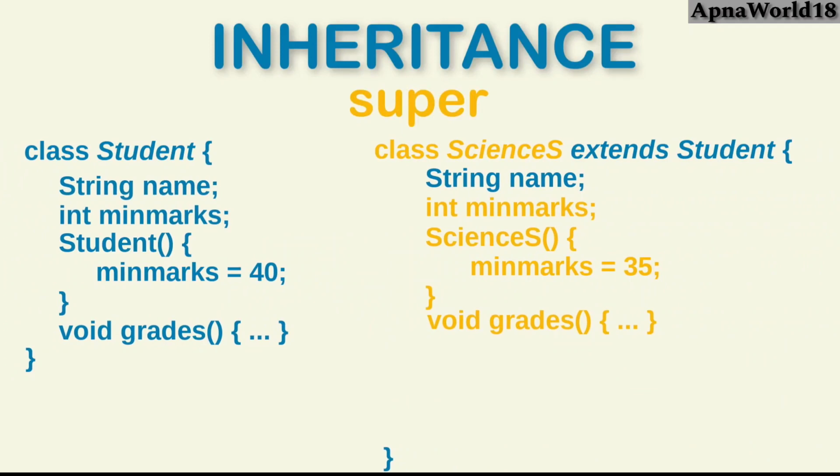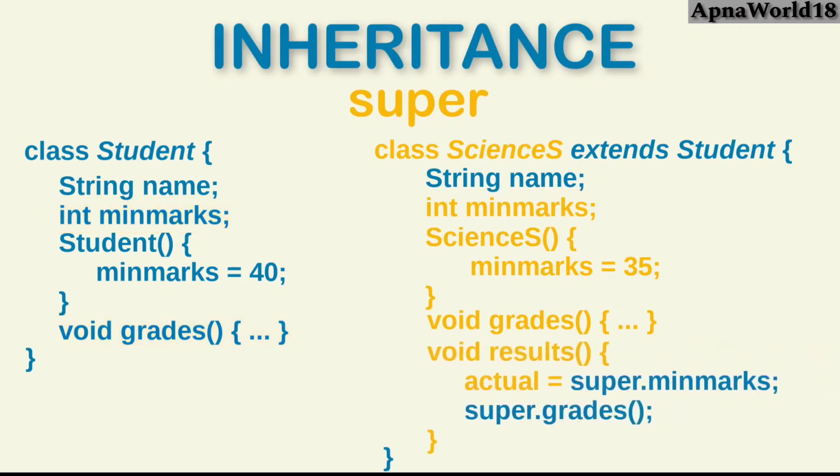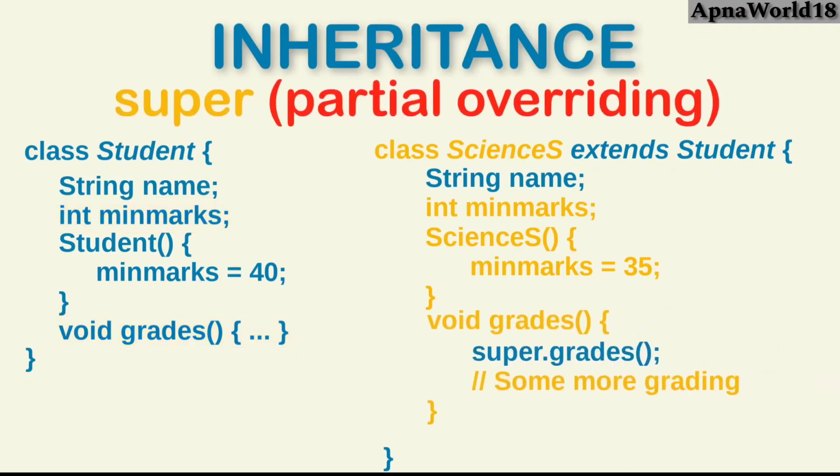So if you have a base class student and in your derived class you have hidden or overridden some of the parent class variables and methods, now if you call super.marks or super.grades, it will access the base class variables and methods respectively. So you can do something called partial overriding as well.